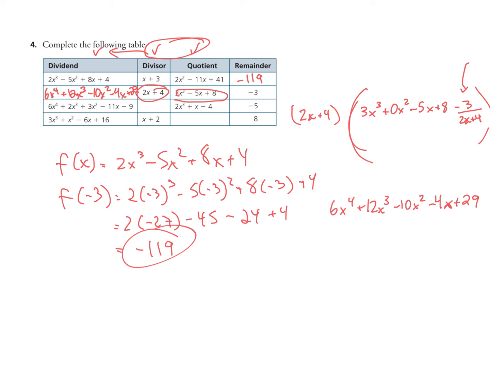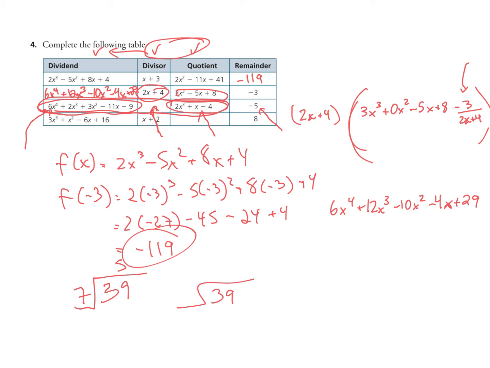All right, so on this guy, this is an interesting one. It's saying that this dividend divided by some divisor equals that quotient with that remainder. Well, won't it be the same as if you did this dividend divided by this quotient to give this divisor? Like if I say 39 divided by 7 is equal to 5, then doesn't 39 divided by 5 equal 7?